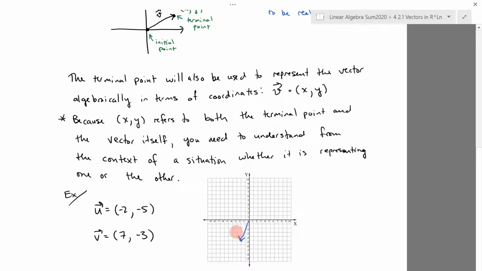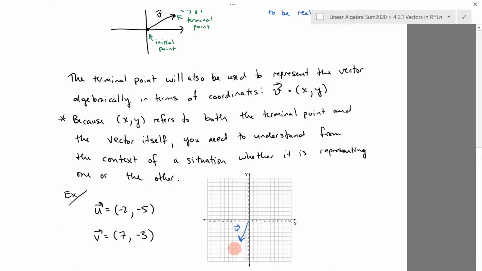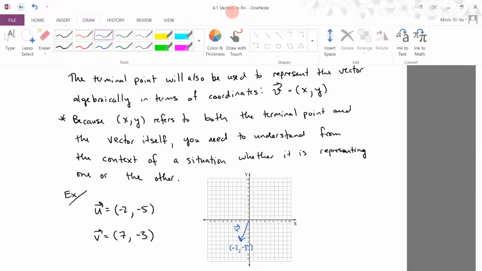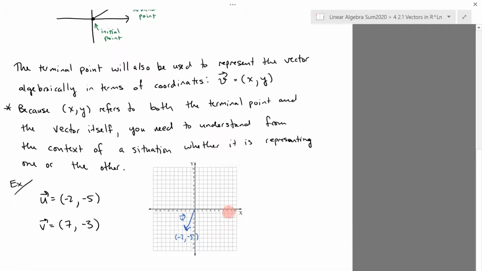So this is my vector u, and then v is at 7 comma -3, so x is 7 and y is -3.